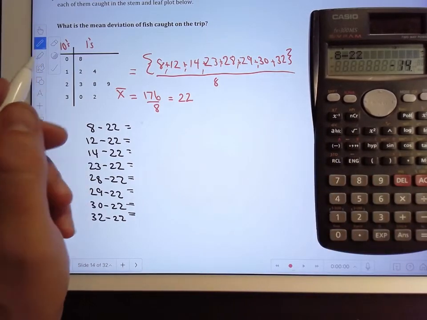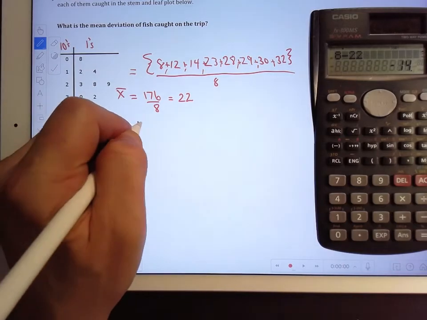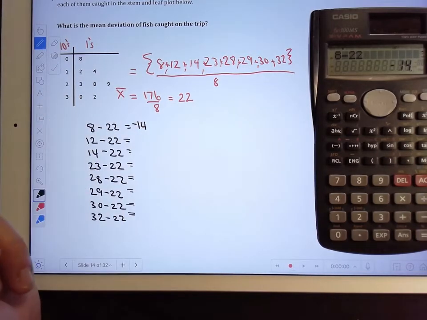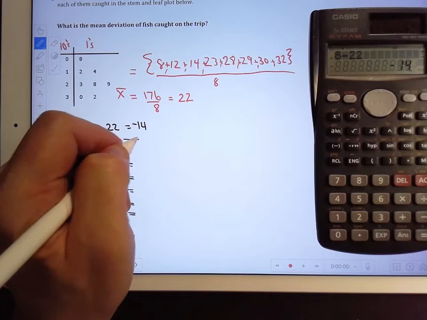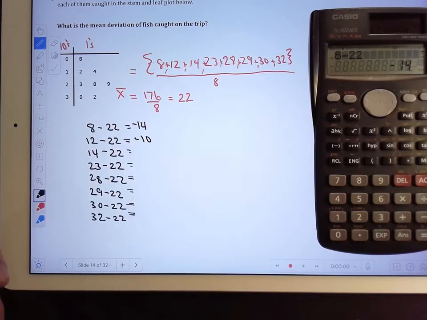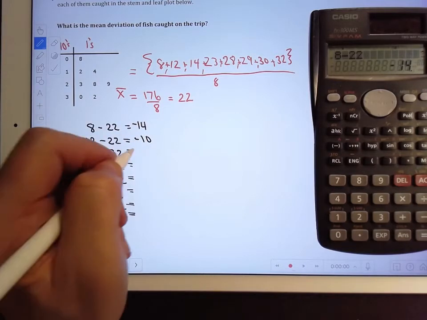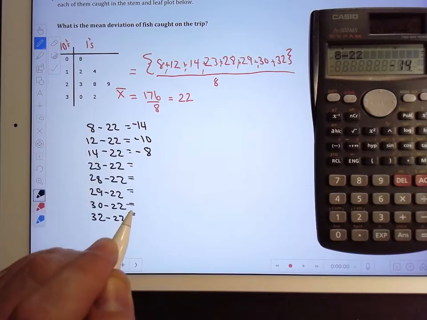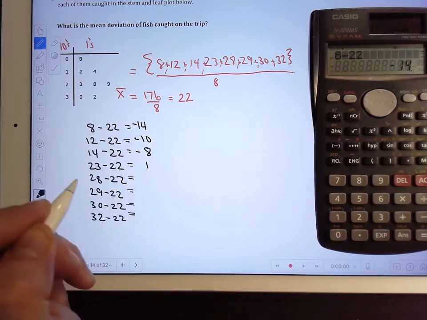So 8 minus 22, for example, is negative 14. 12 minus 22 is negative 10. 14 minus 22 is negative 8. And then we get into some positive numbers.